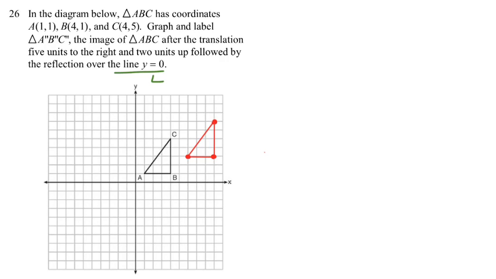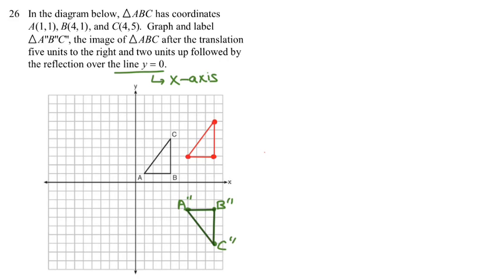Reflection about y equals x is the same thing as reflection over the x-axis. So I'm going to flip the given one over the x-axis, then we get those 3 points. So that becomes our final answer.